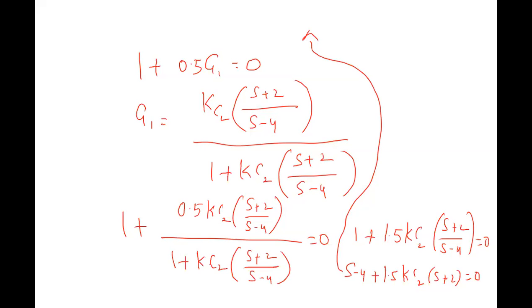So what does this equation become? S into (1 plus 1.5 Kc2) plus 3 Kc2 minus 4 equal to 0.